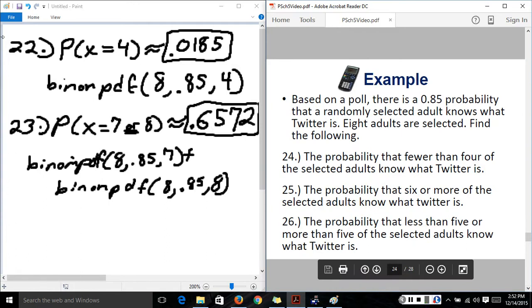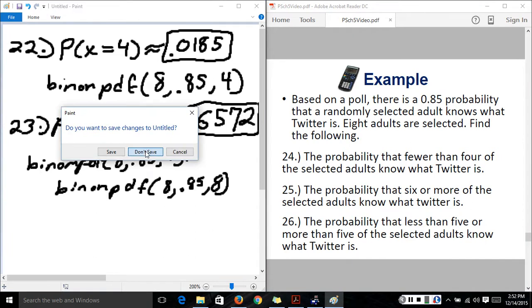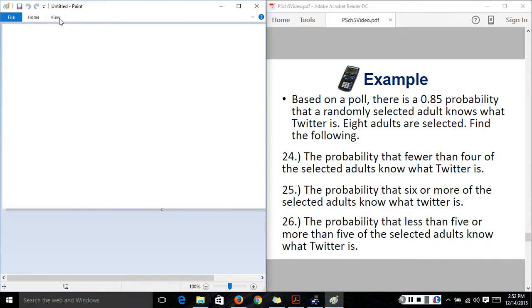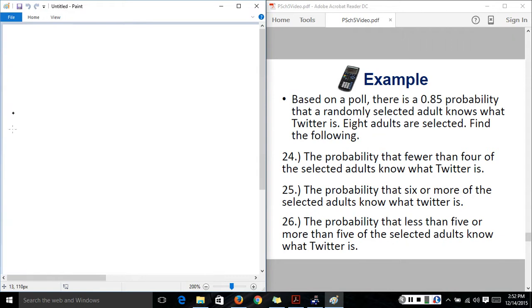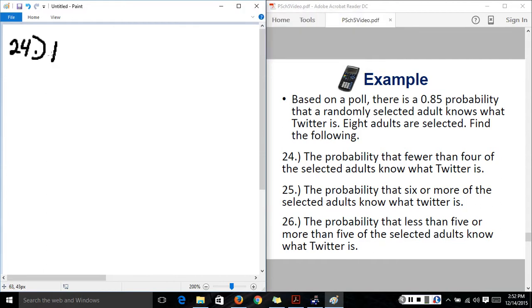Let's take a look at some more examples. Number 24, same scenario. The probability that fewer than 4 of the selected adults know what Twitter is. All right, for number 24, I'd find the probability that x is less than 4.